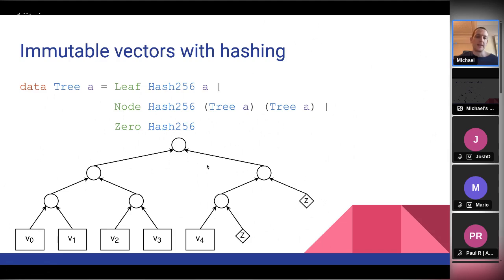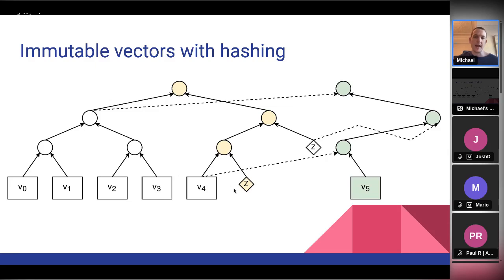So this is the idea of the immutable or persistent data structure that we use. And this is what it looks like when we apply a mutation. The yellow nodes are the ones that are being updated, the green ones are the updated versions, and the white ones are the ones that are shared between both versions.